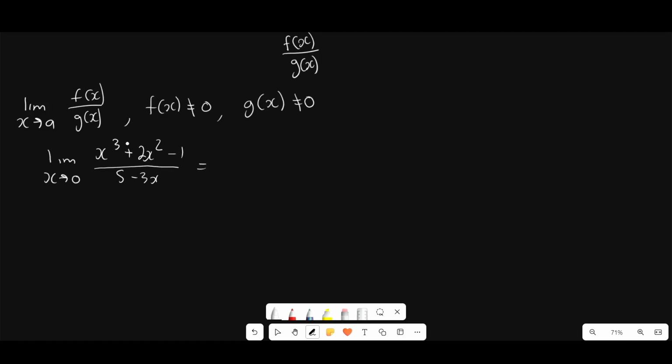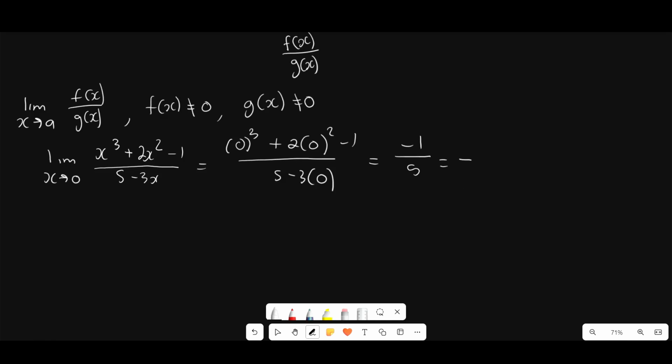Basically you just substitute. We do direct substitution; you don't have to apply the laws. So you get 0 cubed plus 2 times 0 squared minus 1, divided by 5 minus 3 times 0. In this case I have negative 1 divided by 5. You can plug this on a calculator.